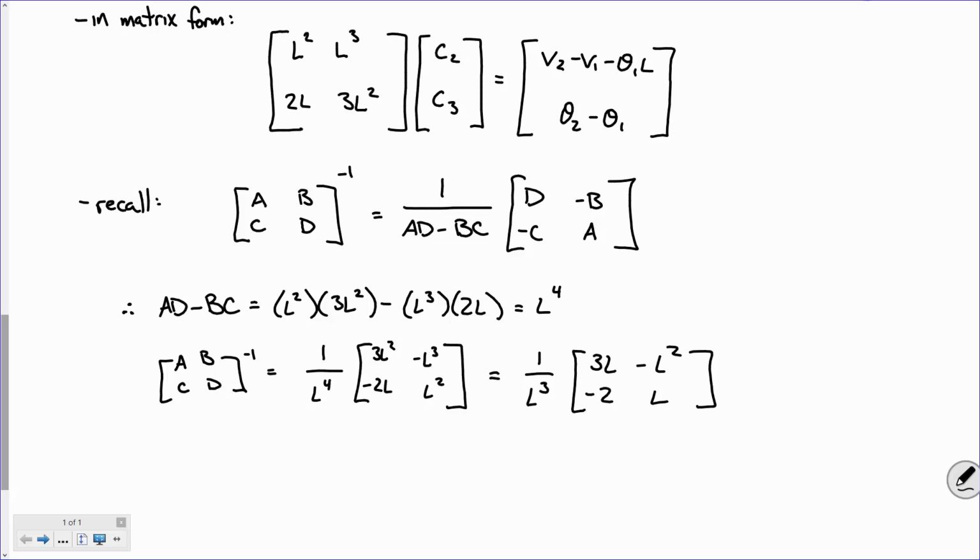Everybody good? Okay, now, I need to take this inverse matrix and multiply it times that, don't I?